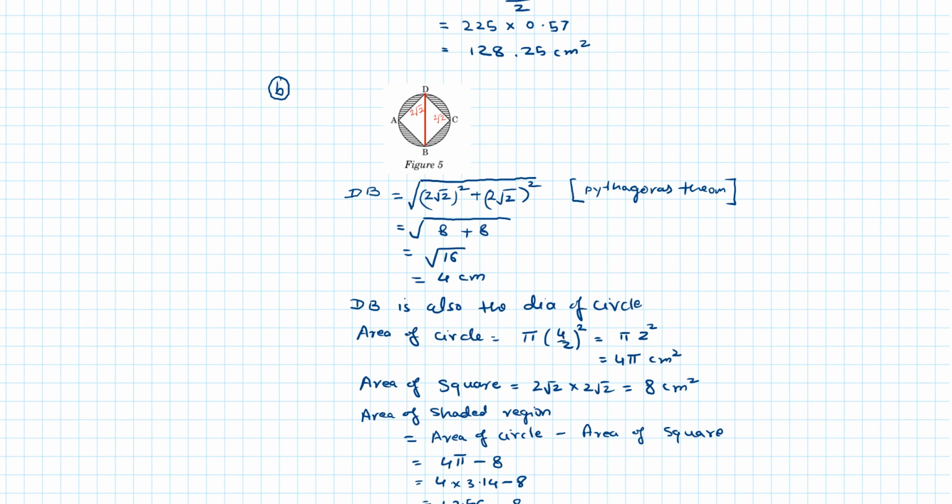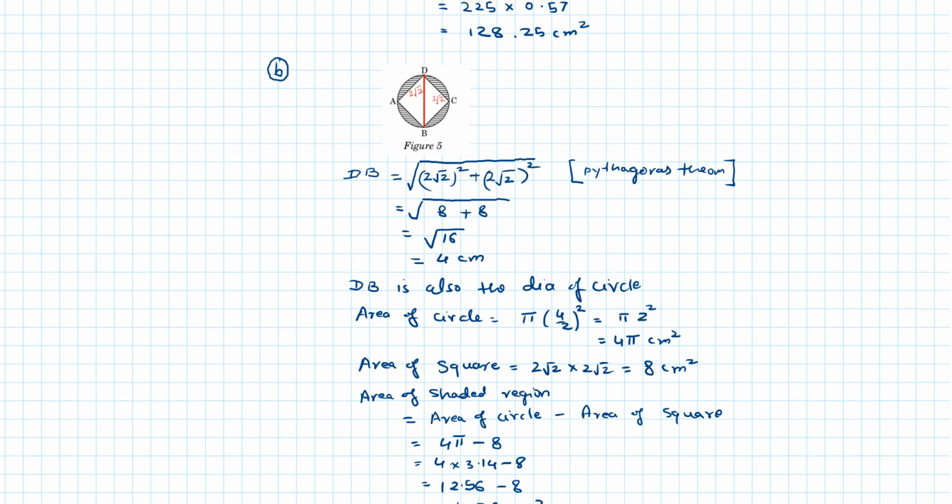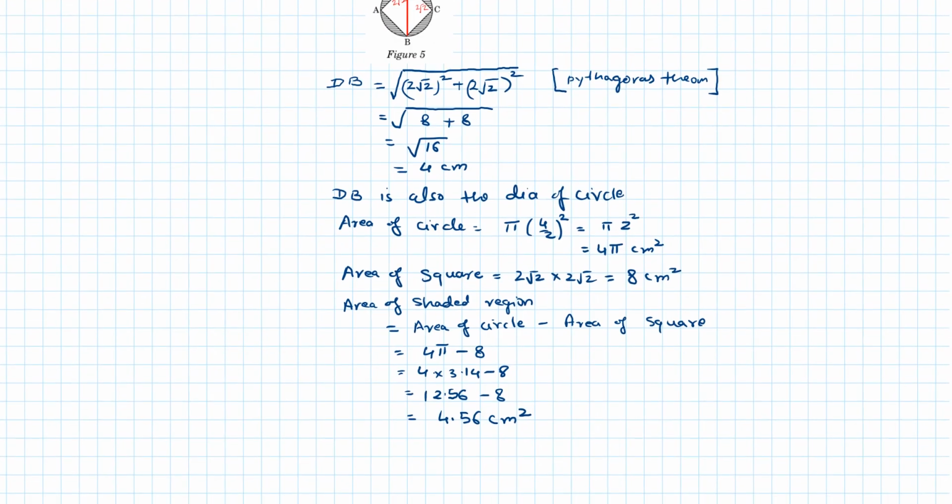So the area of the shaded region will be area of the circle minus area of the square, that is 4 pi minus 8. Solving this, our answer comes to 4.5 cm2.